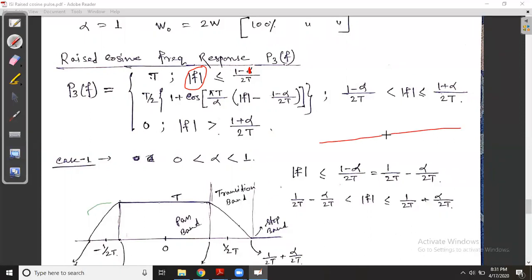At frequency 0, that is your origin on this frequency line, the amplitude of the pulse is t. So somewhere here t is present, suppose. That is the first case.